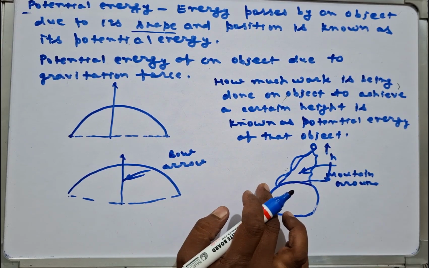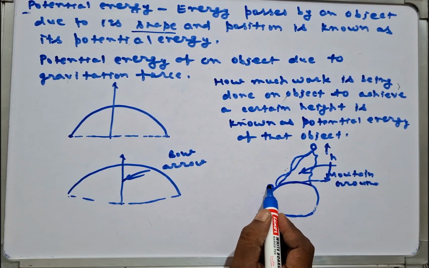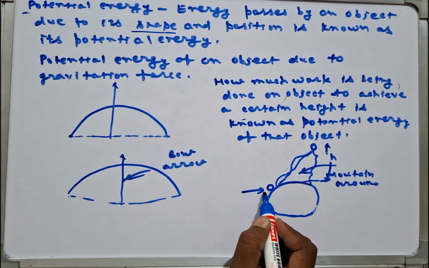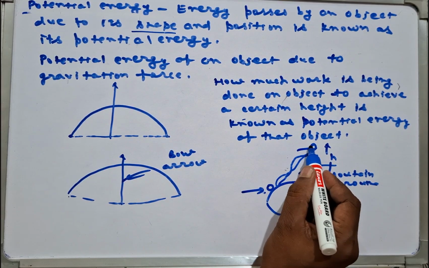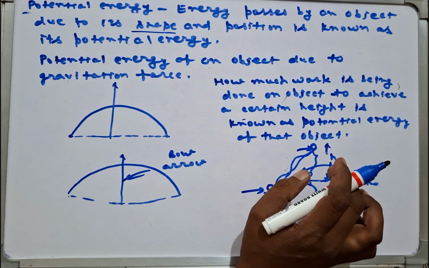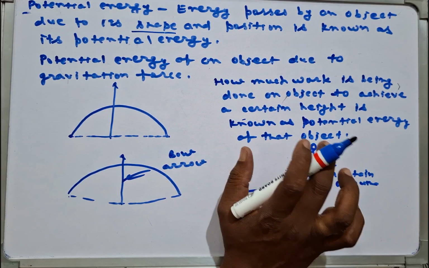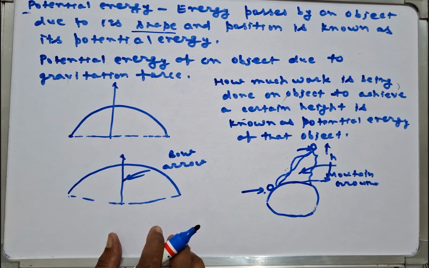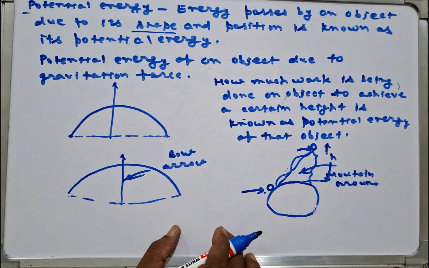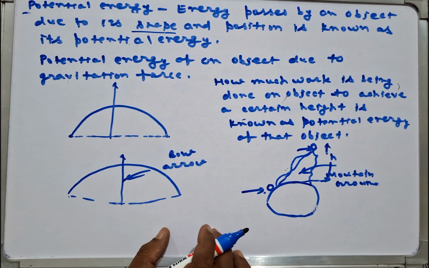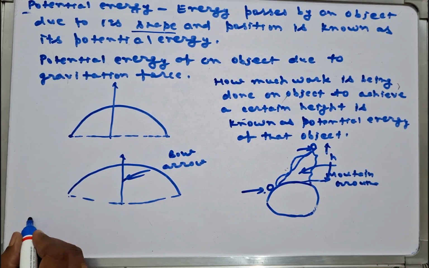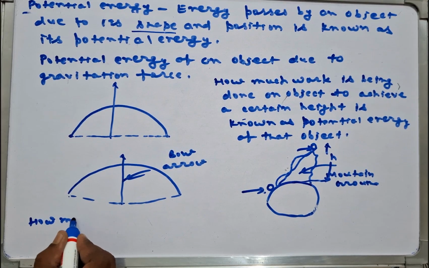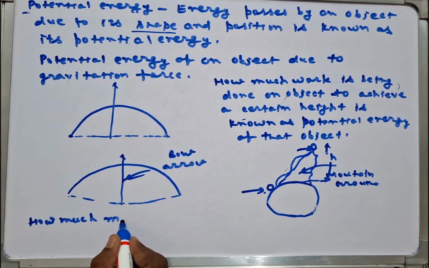When this ball is initially here and goes from this position to that position, you need to work against gravity. So how much work is being done against gravity is known as the potential energy of that object.